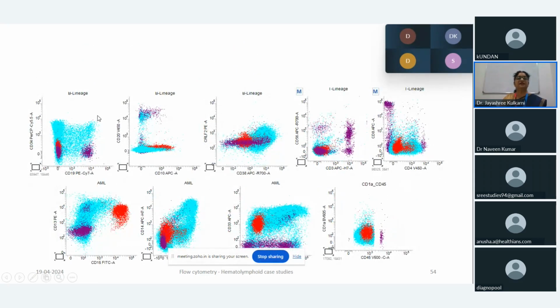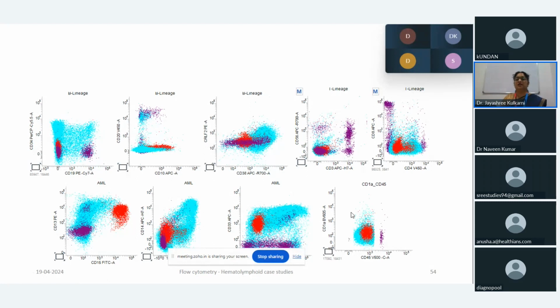When we further went and did the B lineage and T lineage tubes, again, what we saw was 34 positive, 19 positive, 10 was present in some cells. And coming to the myeloid tube, your 13 is also positive, 14 and 64 negative. So basically you have all the 3 lineages, okay?